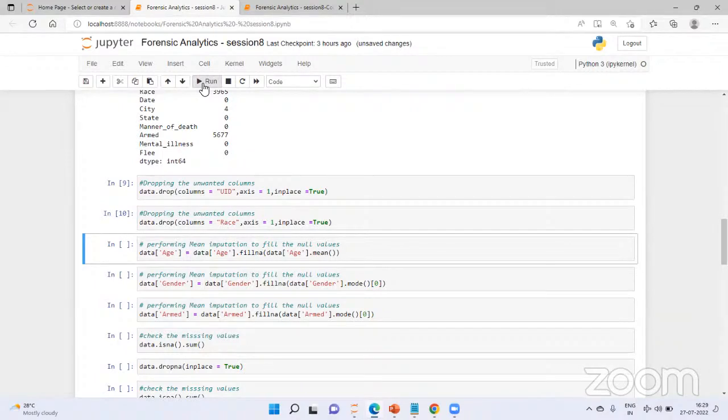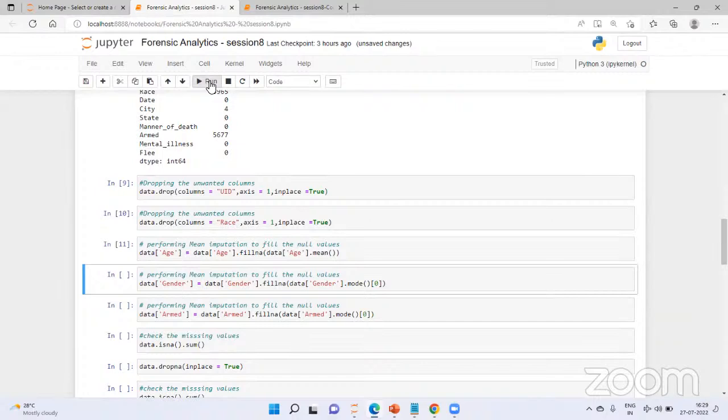So for age, I am going to do imputation, because age is important. I want to add one meaningful logical value. First I will take the ages of all and add them, and I may get one average value. That average value is fitted in the place of NA. Done. The same we are performing with mode.